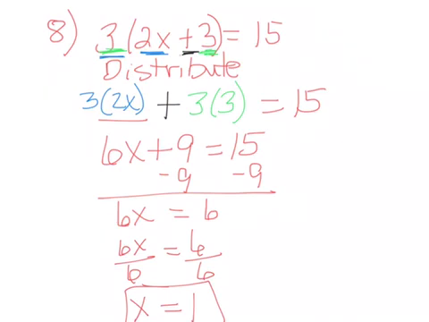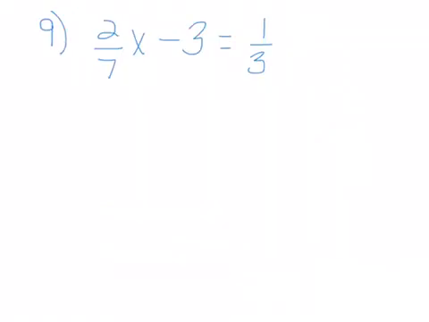Another example. I have a couple more. Example 9. Now don't freak out because this has fractions. Remember, with an equation, you can remove the fractions by multiplying through by the least common denominator. Well, what would the least common denominator be?